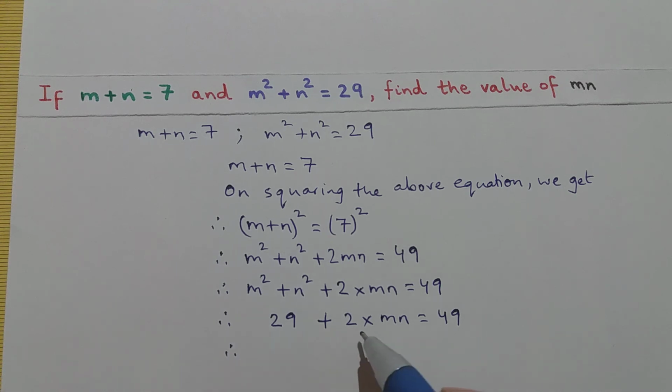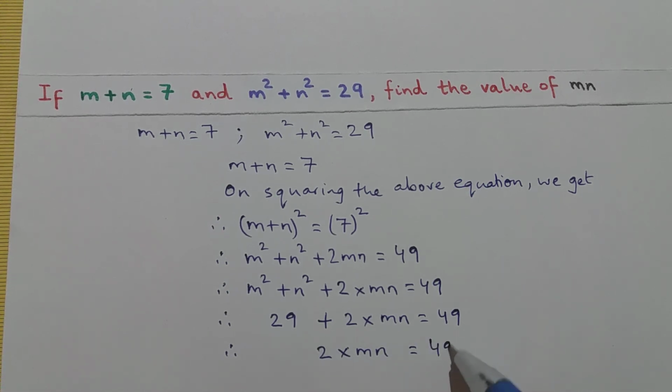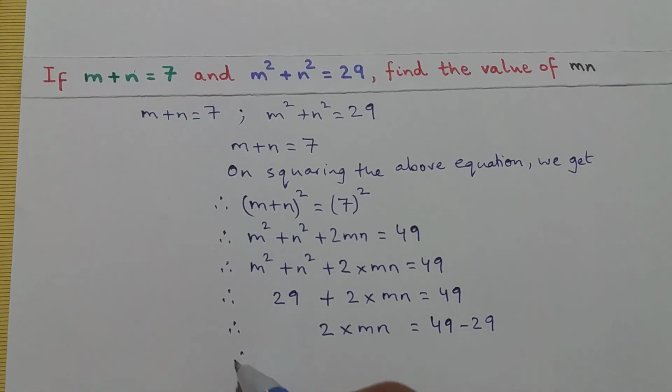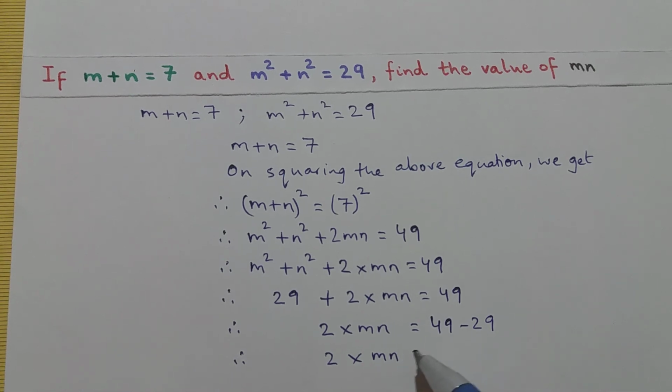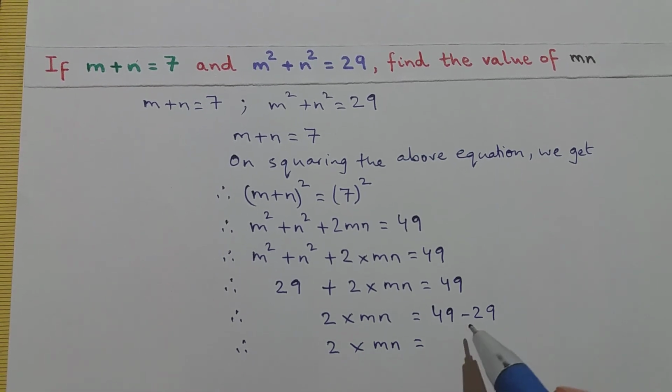So 2 into mn is equal to 49 minus 29. Therefore 2 multiplied by mn is equal to 49 minus 29, which is 20.